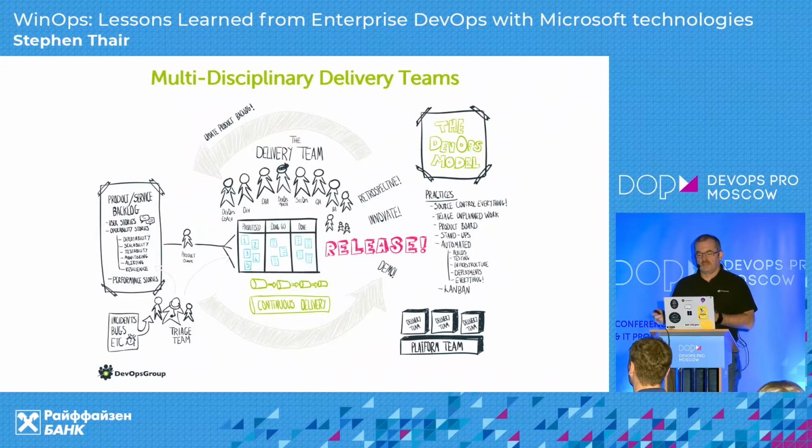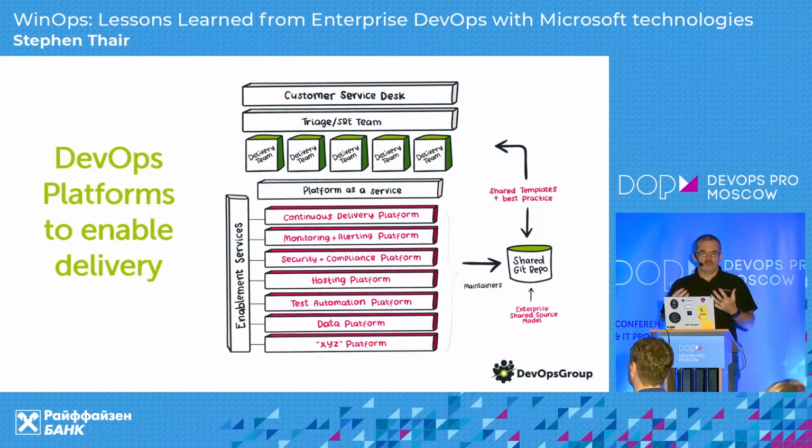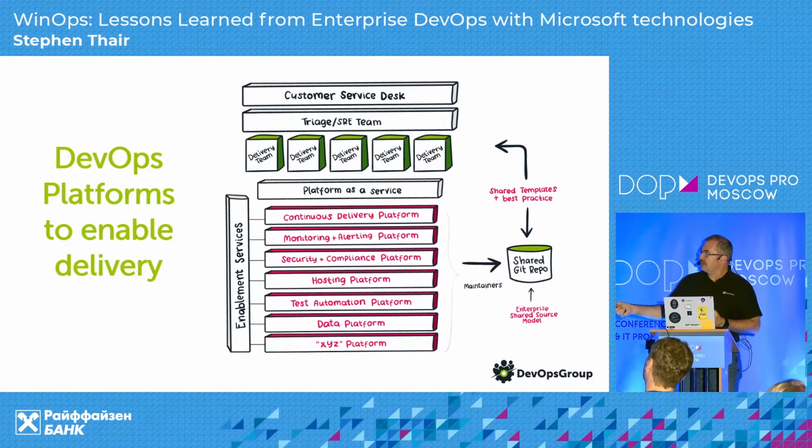What this normally turns into in practice, once you have multiple multidisciplinary teams, is you then see the evolution of what we call platform teams. So the idea here is that multiple agile Scrum teams, perhaps supported by site reliability engineering, SRE teams, use these platforms as a service in order to deliver their goods.